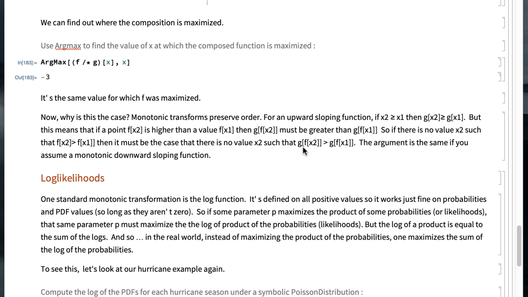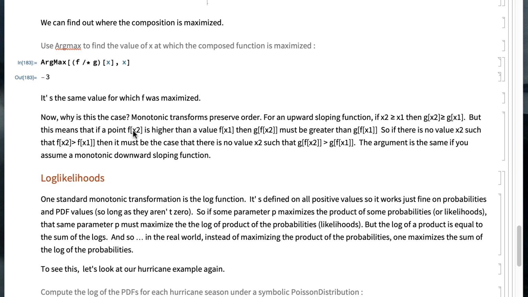There's actually a fairly simple proof that I think will help you understand why monotonic transforms preserve order and why what we just did works. So supposing you've got a monotonic upward sloping function. And what that means is that if x2 is bigger than x1, then g of x2 must be bigger than g of x1.